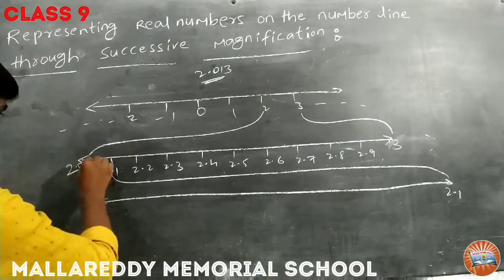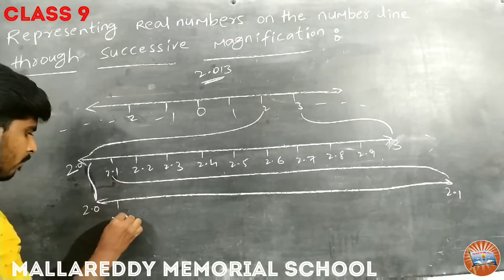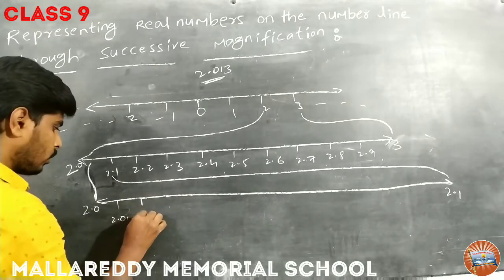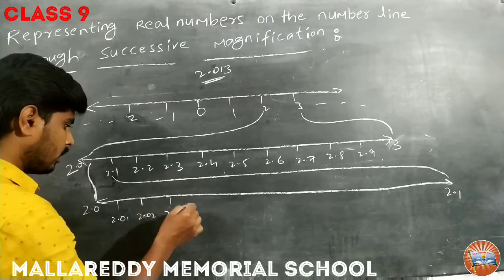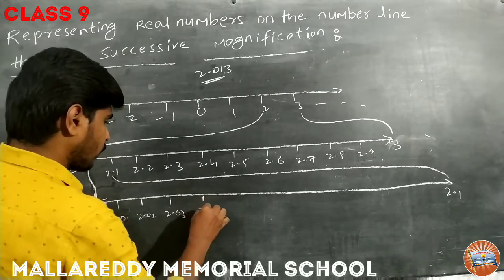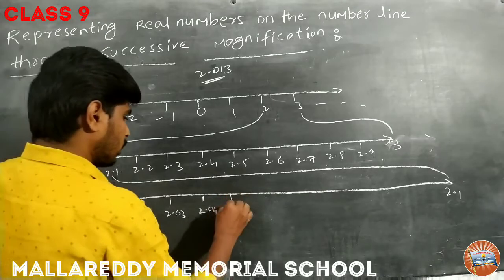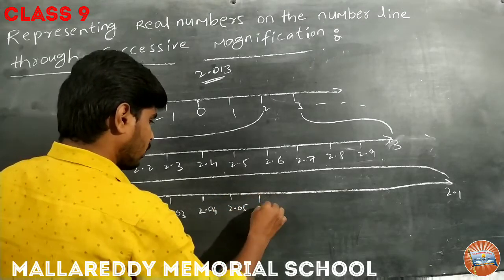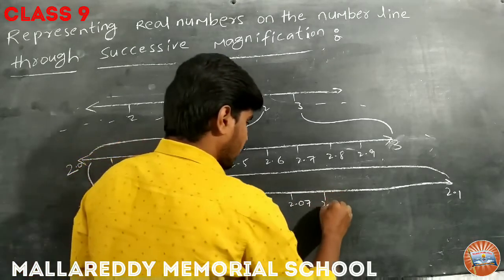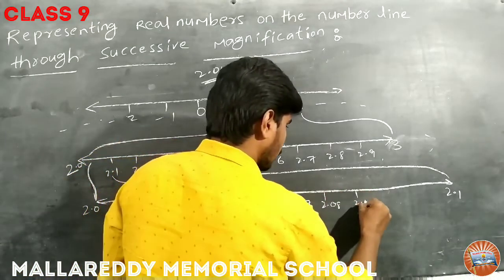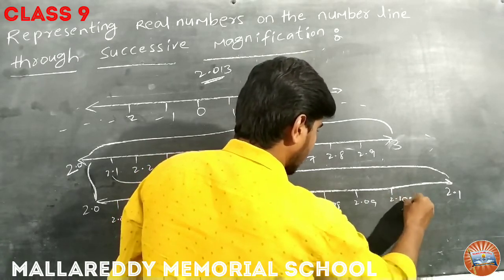So here it is 2.01, 2.02, 2.03, 2.04, 2.05, 2.06, 2.07, 2.08, 2.09, 2.10 it is.